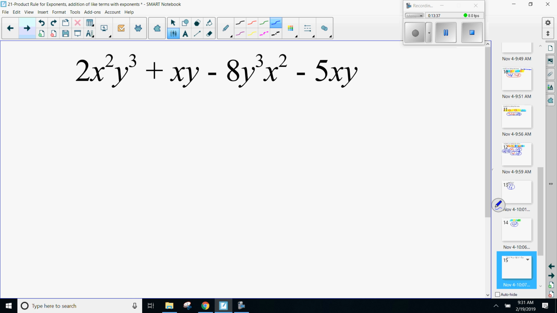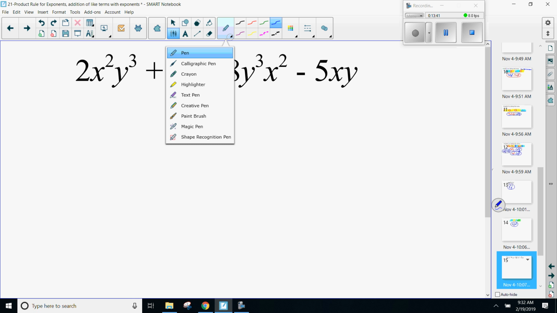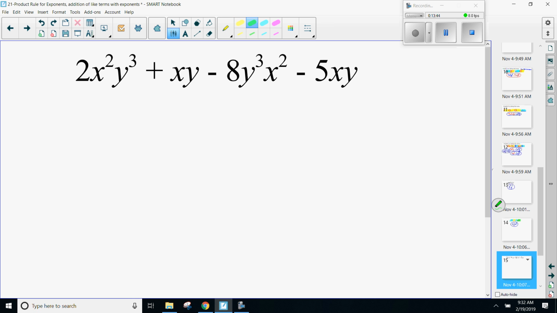Add like terms. How many terms are there? There's 4 to begin with. The first term, x squared y cubed. Are there any other x squared y cubed? Right here, right? Then we have xy, xy.